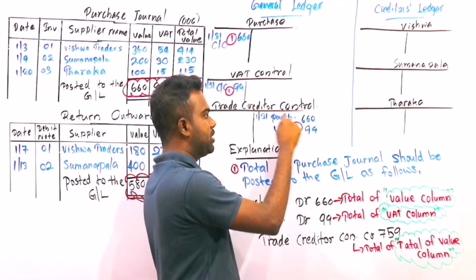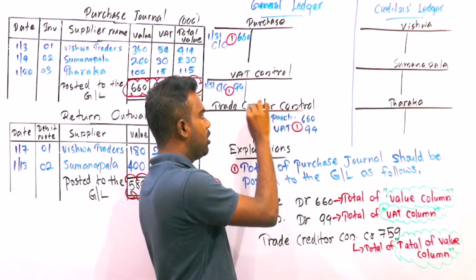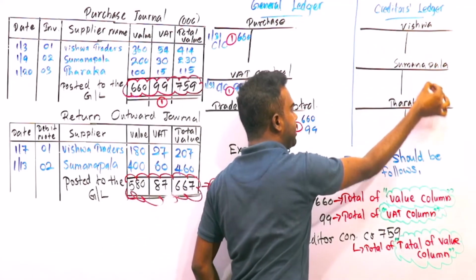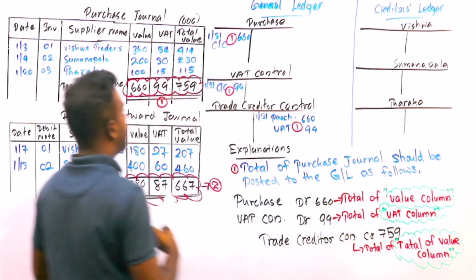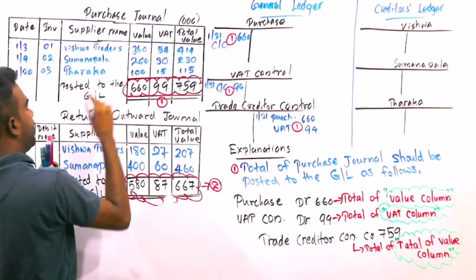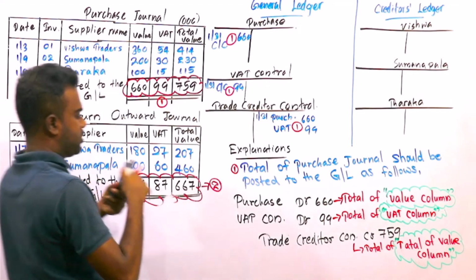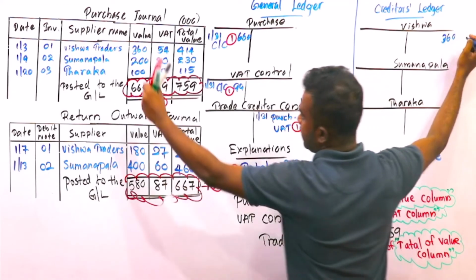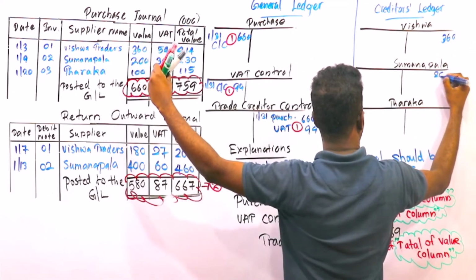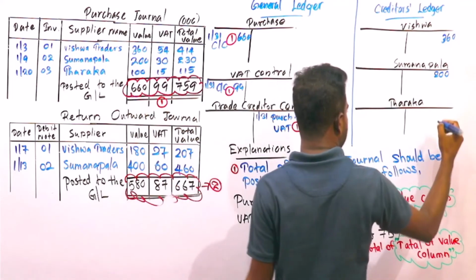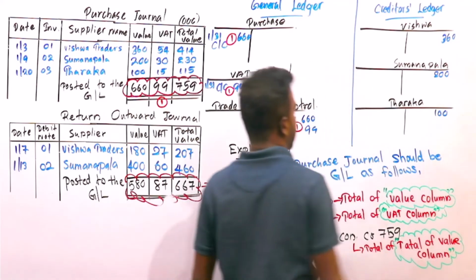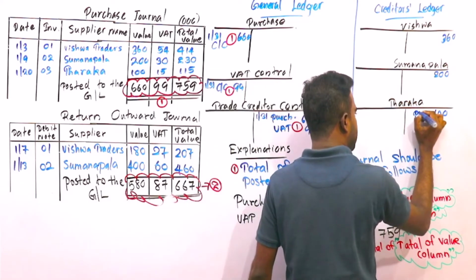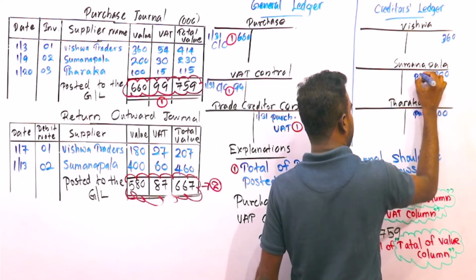Look at purchase, the total purchase is credited to creditor control, then the individual purchase amounts should be recorded on the credit side of the private account. Look at Vishwa's private account credit, Vishwa 360, then Sumanapala 200, Tharaka 100, right? Write down purchases, no debit entries, only a single entry, because these are only private accounts.